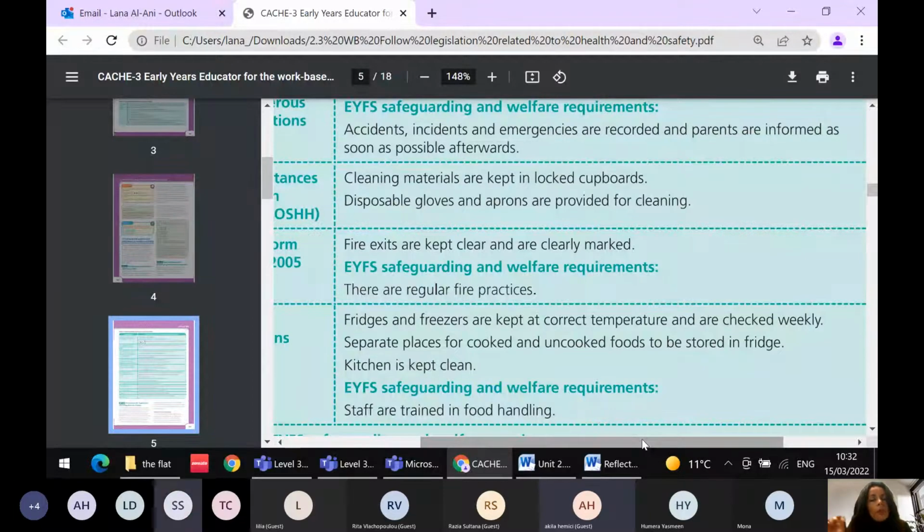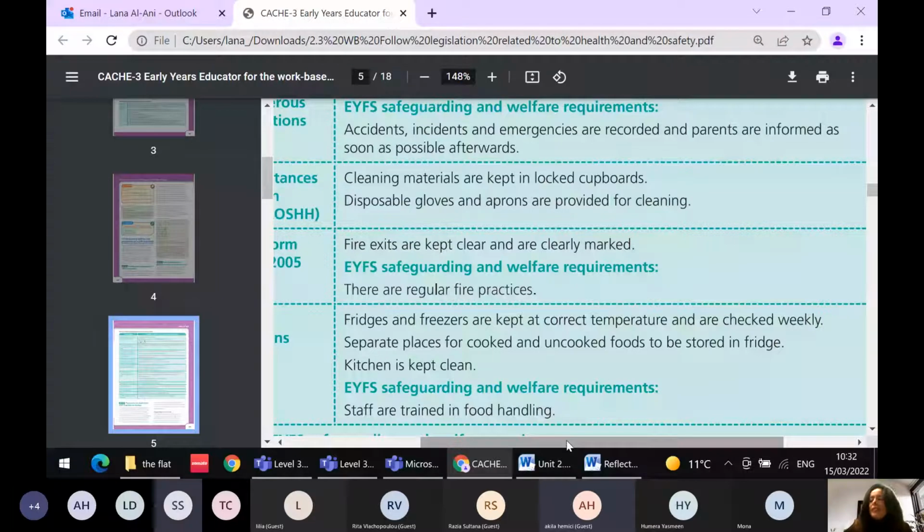So why do we lock them in a cupboard? And why do we have specific labels on them? Because we need to protect these children and also to protect the staff so they know which one to be used for what. And also we need to wear disposable gloves at all times when we clean.